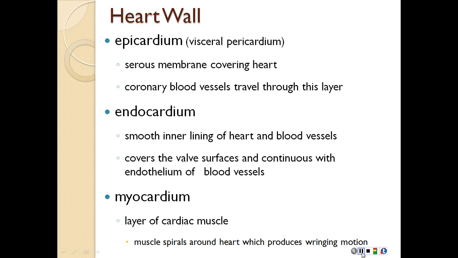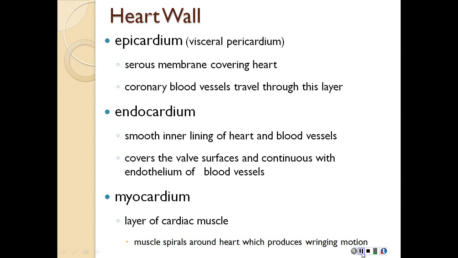The endocardium, endo means inner, so the inner membrane that lines the inside of the heart chambers. So the atria and ventricles are lined by this covering, this membrane, and that is the endocardium. So the blood that is actually in the chambers is in direct contact with the endocardium.